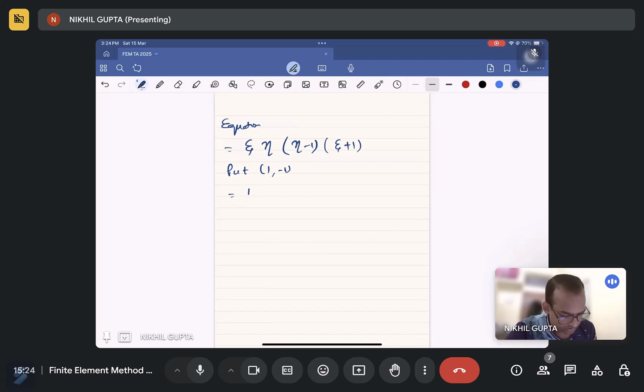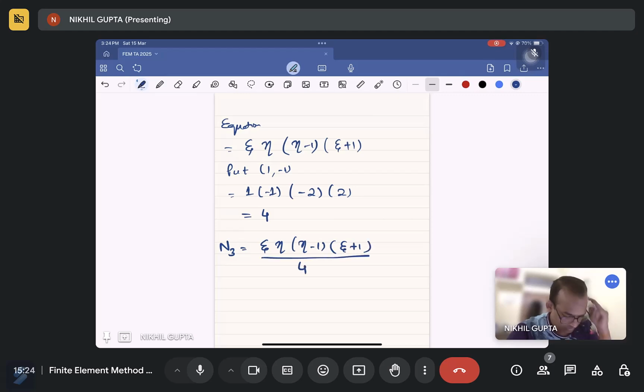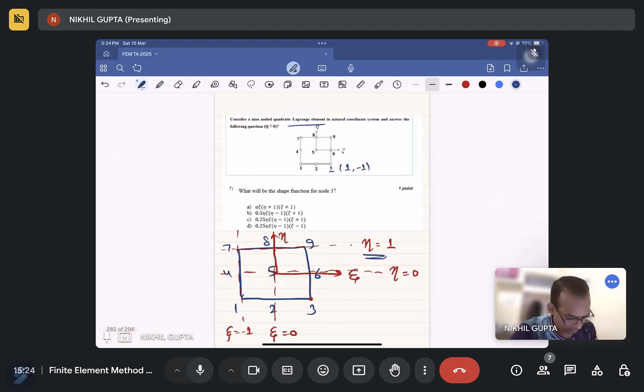When you put this, 1, this is minus 1, this is minus 2, and this is 2. So it comes to plus 4. That's correct. So for N3, the shape function will be this divided by 4. So I hope the option is there.